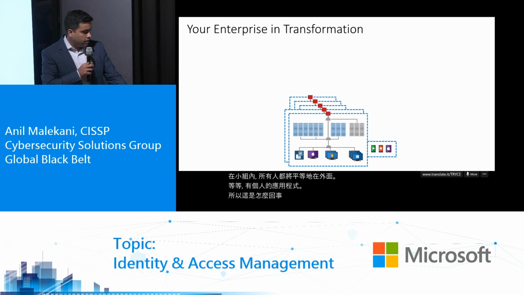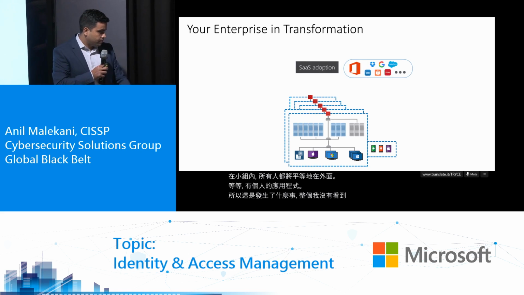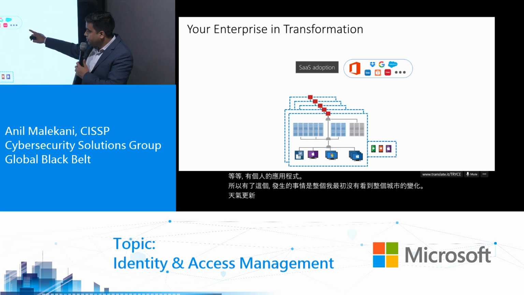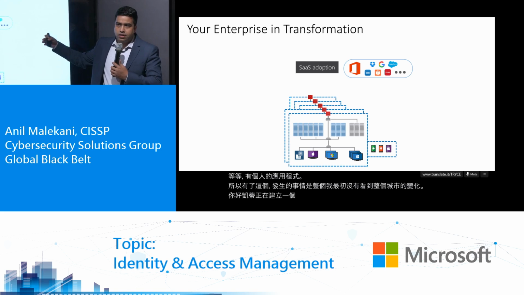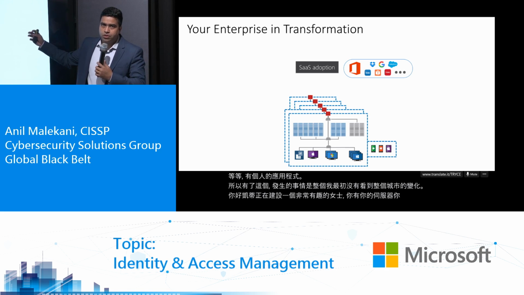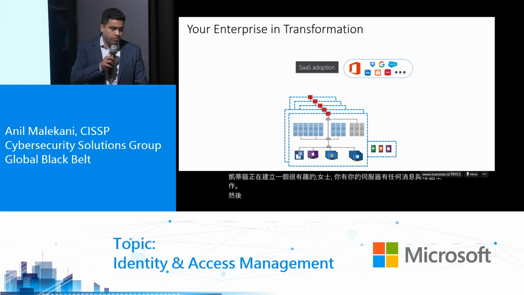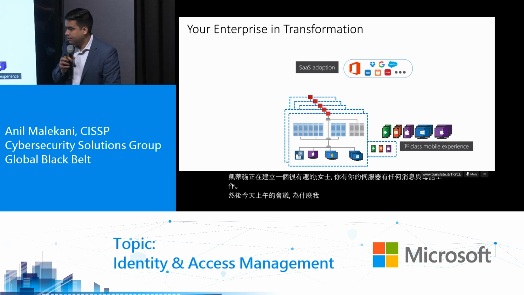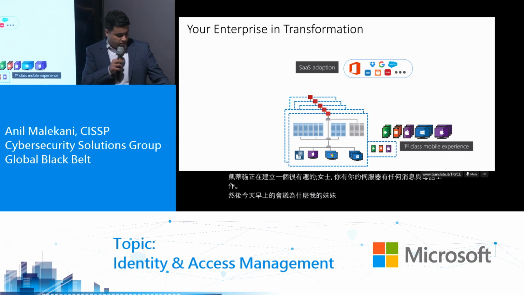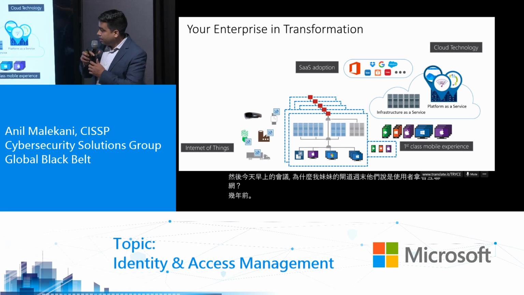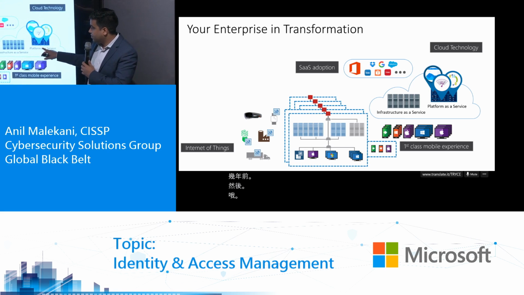And then you look at SaaS services coming into the picture. This happened because all businesses want to provide a better experience to users, and better productivity from devices and locations of their choice. So SaaS adoption became quite natural, and along with that came the modern experience across mobile devices, the Internet of Things, and then infrastructure as a service and platform as a service.